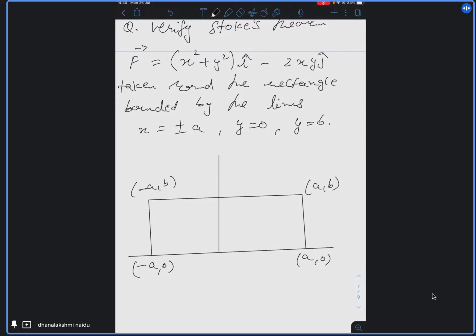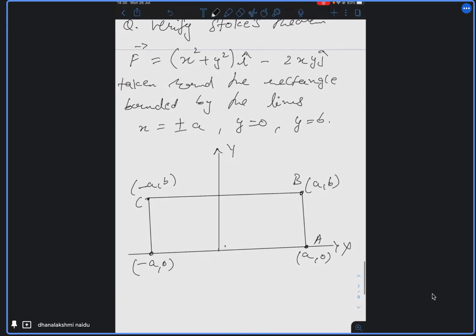Y equal to 0 means the x-axis itself. So this is your y-axis, this is your x-axis. If you name these points A, B, C, D, that's the rectangle, whose vertices are (a,0), (a,b), (minus a,b), (minus a,0).